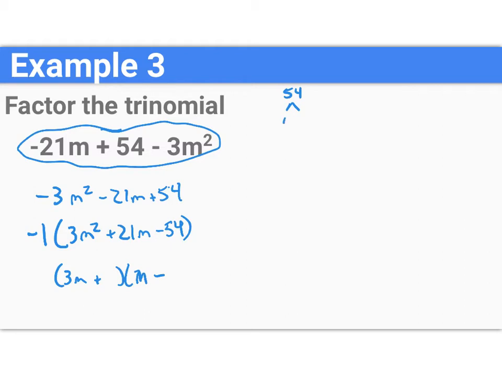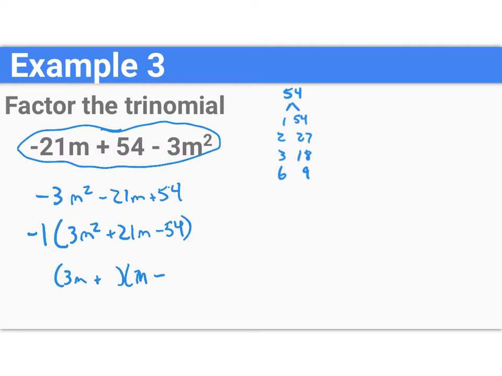The factors of 54. 1 and 54. 2 and 27. 3 and 18. 4 doesn't go in. 5 doesn't go in. 6 and 9. 7, 8, 9, 9 and 6, 10, 11, 12. 12 is 48 and 60. 13, 26, 39, 52. 14, 28, 56.